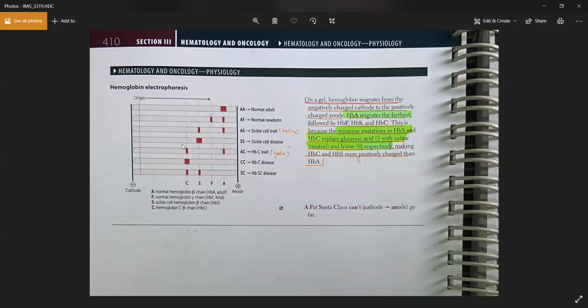It won't go any further. In case of a sickle cell disease or trait, the glutamic acid will be converting into valine, which is a neutral amino acid, it does not have any charge, so the hemoglobin can travel further than the HbC type and will stop here.